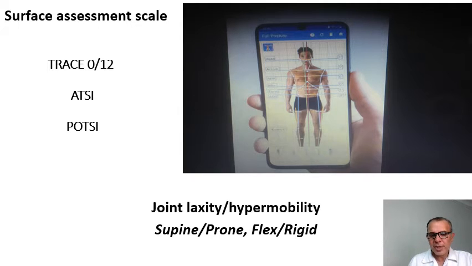And of course, as we said before, we have the supine and prone flexibility and rigidity assessment, because all these tools together will put us in the right direction to prescribe when it comes to exercise, to bracing, to managing this particular case.